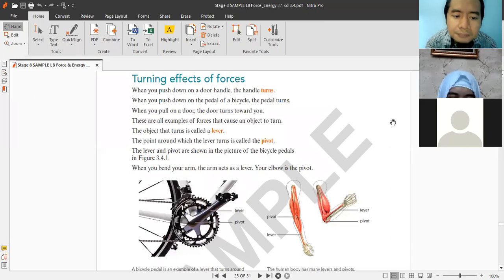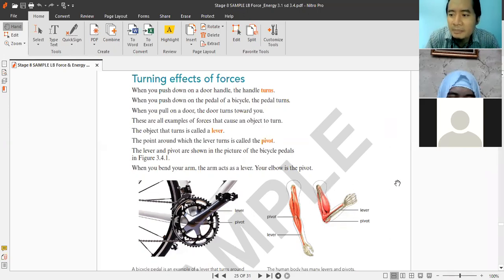The point around which the lever turns is called the pivot. The lever and pivot are shown in the picture of the bicycle pedals in figure 3.4.1. When you bend your arm, the arm acts as a lever. Your elbow is the pivot.